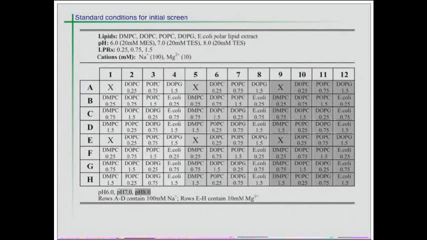We use all the usual suspects of lipids: DMPC, DOPC, E. coli lipid extract. We do the screening at 3 different pHs, 6, 7, and 8. 3 LPRs, lipid to protein ratios, to begin with, and then we use just normal cations.